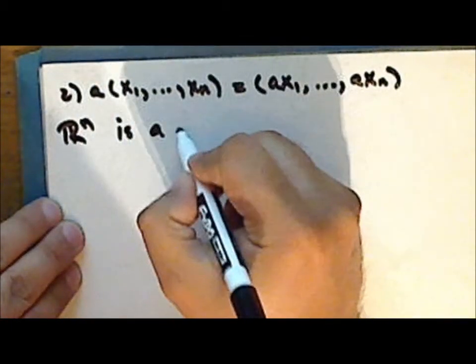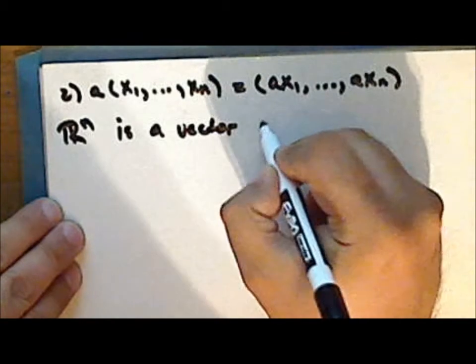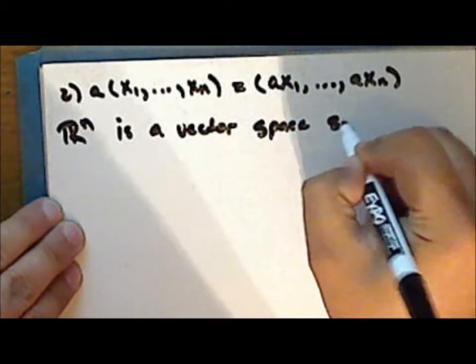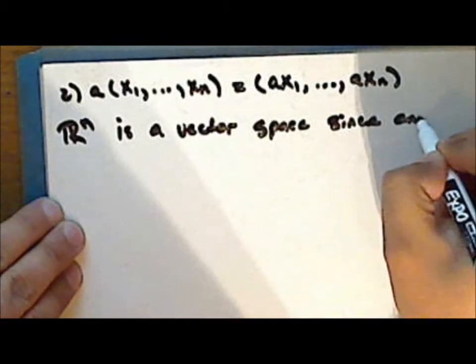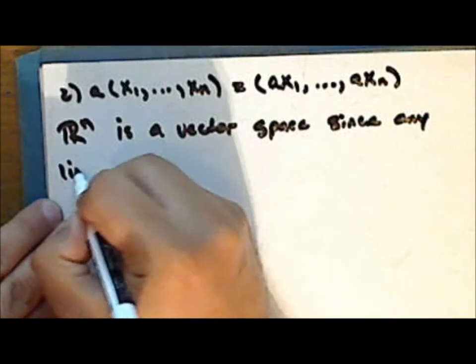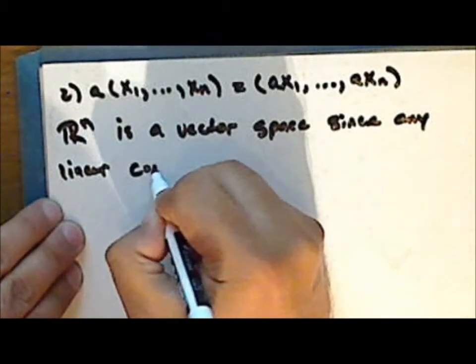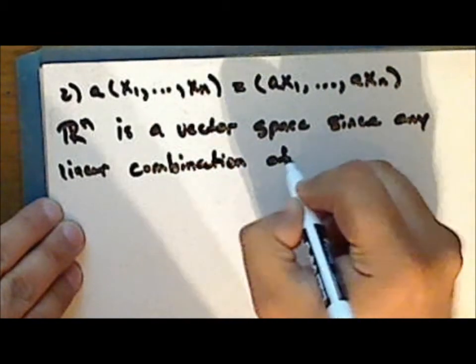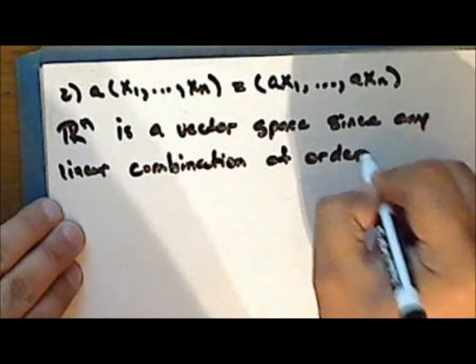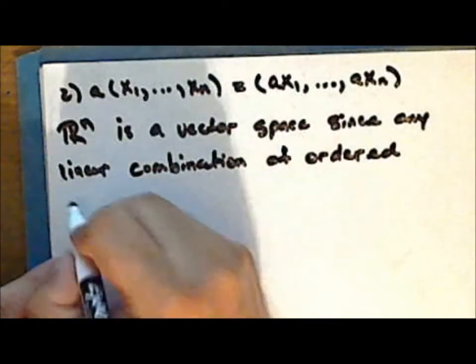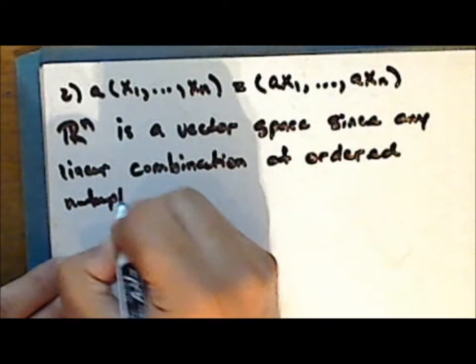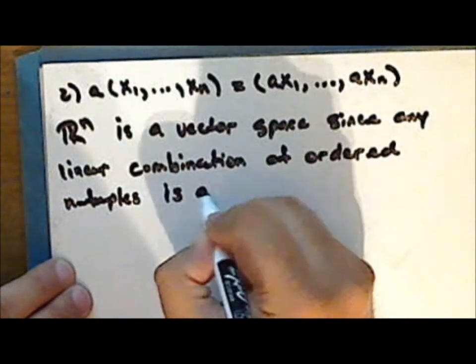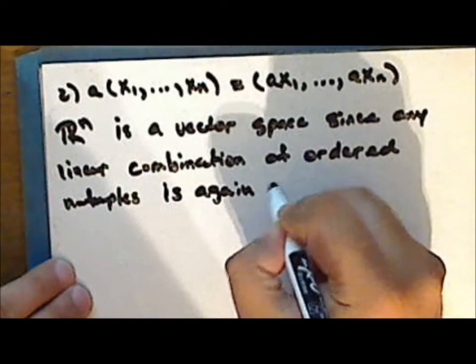the n-dimensional real space is a vector space, since any linear combination of ordered n-tuples is again an ordered n-tuple.